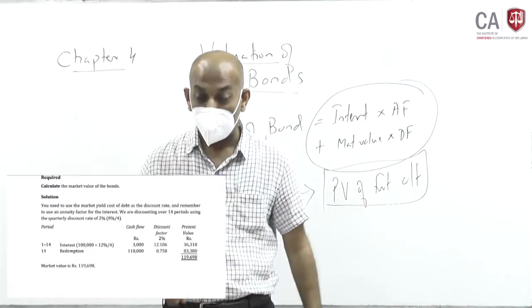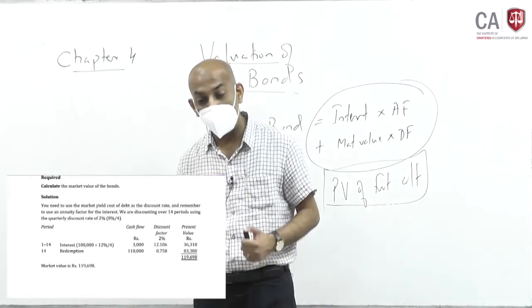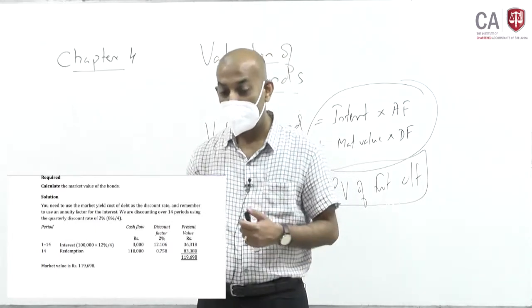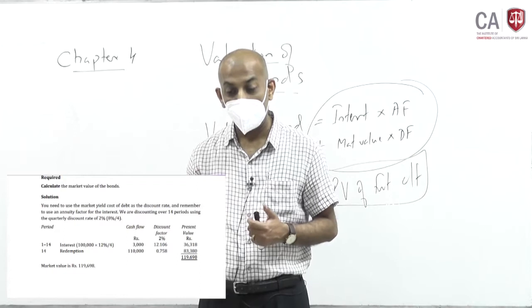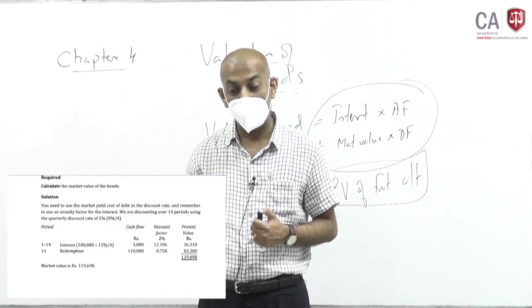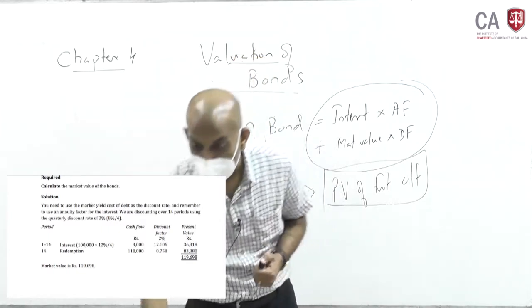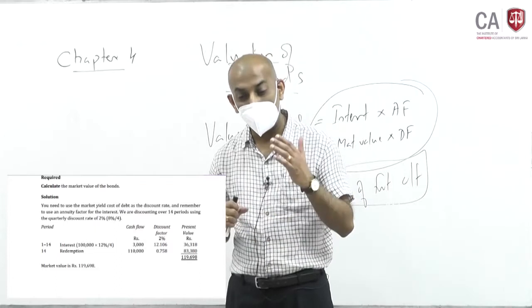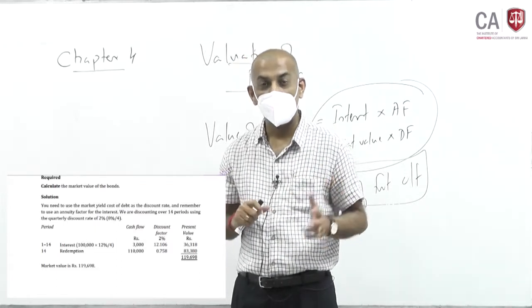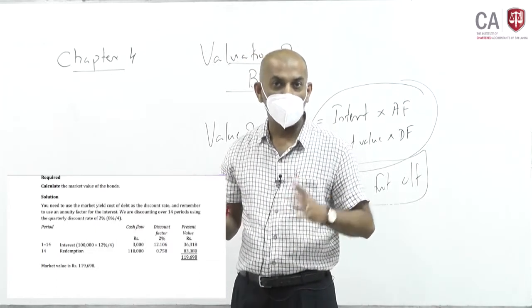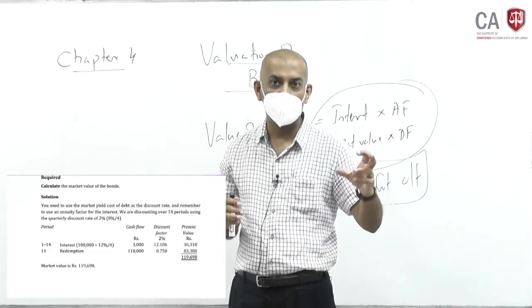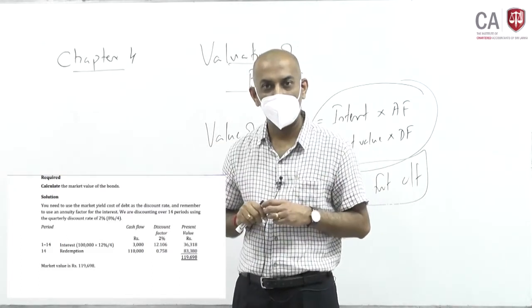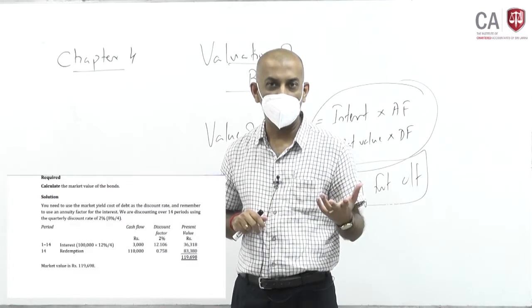And the two things: one is your coupon rate is 12% and the yield of the instrument is only 8%. Yield is only 8%, but the coupon rate is 12%, which means your instrument is offering you a better return than the investor requires.